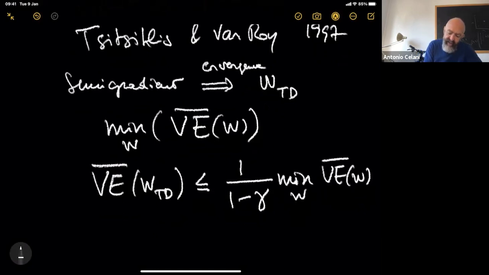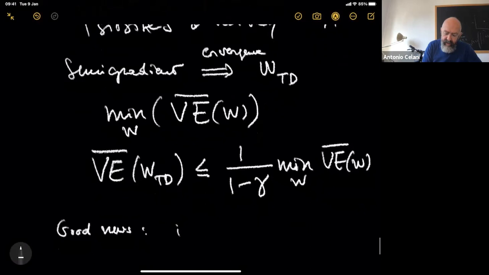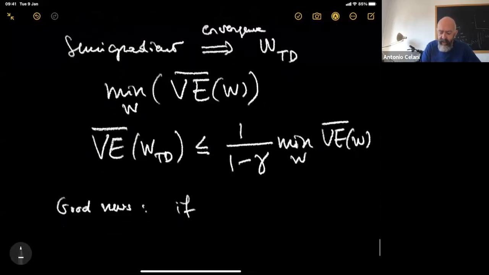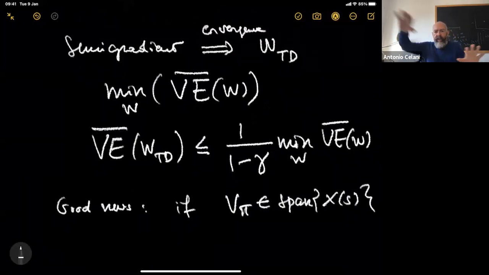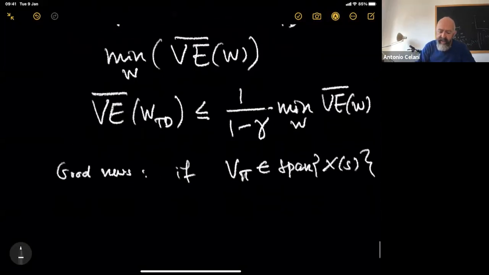This is good news: if your linear representation includes the true value function, so if V pi belongs to the space spanned by your features, so that in your lower dimensional representation your actual value is sitting on that point, this means that the minimum of the value error is 0.